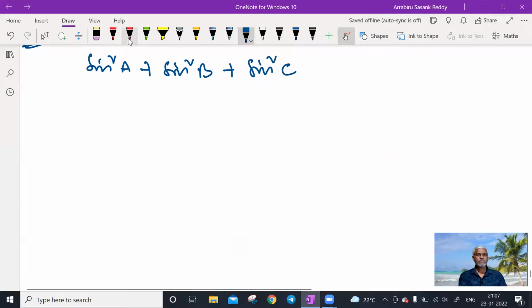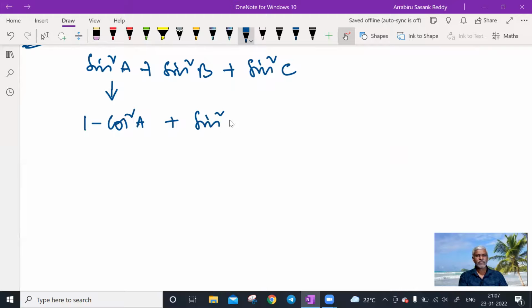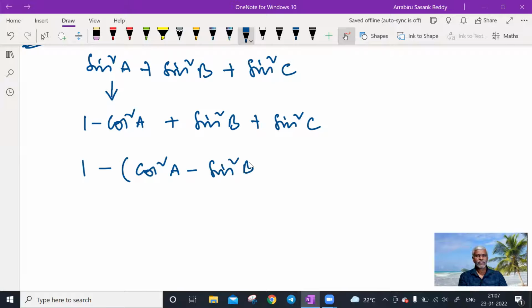Now convert sin² A as 1 minus cos² A, remaining no change. Now take minus common from these two: cos² A minus sin² B.